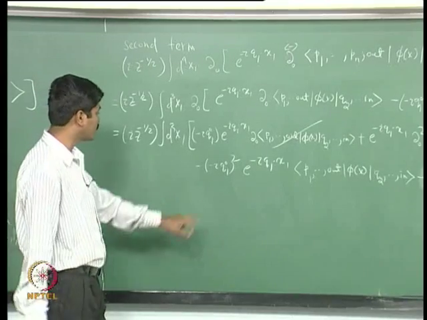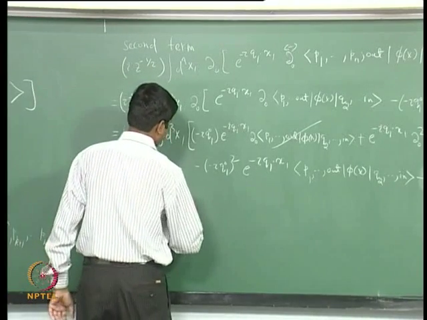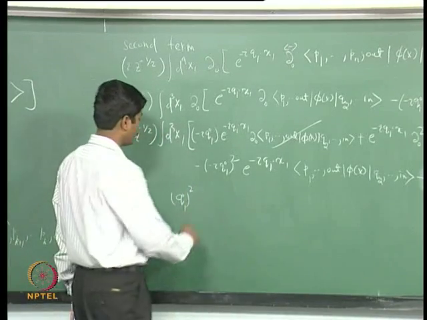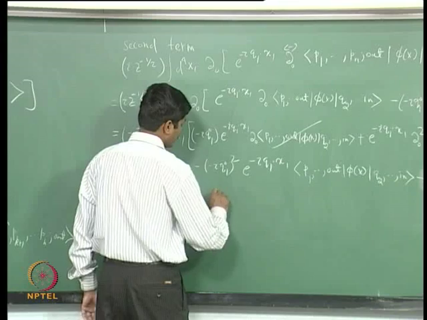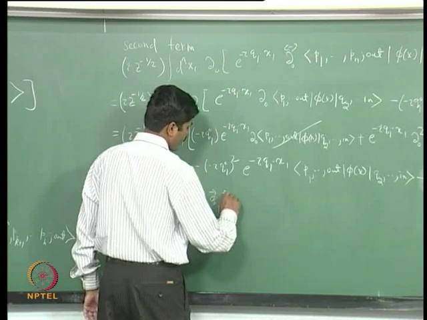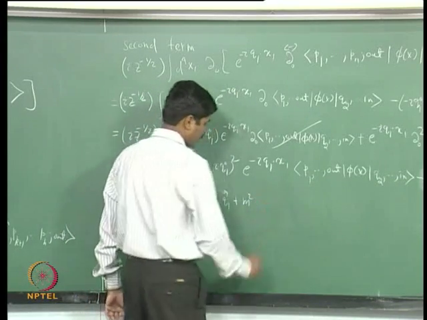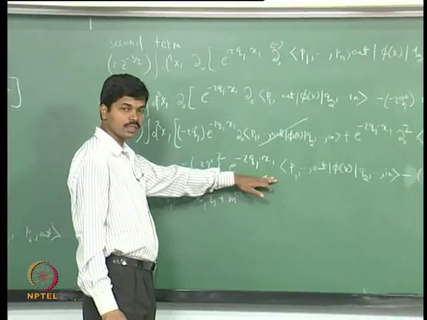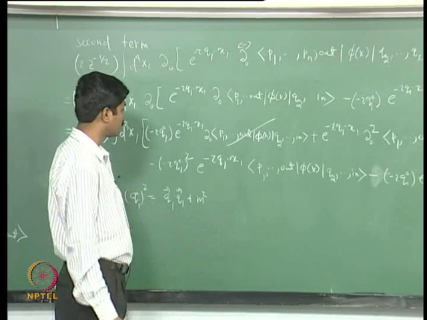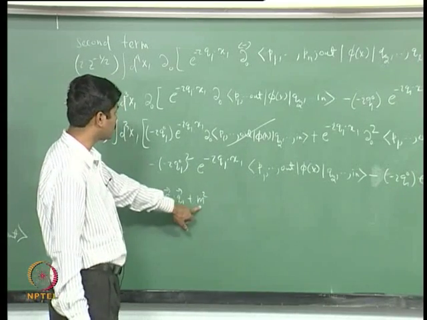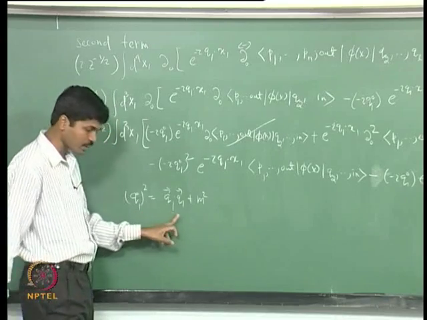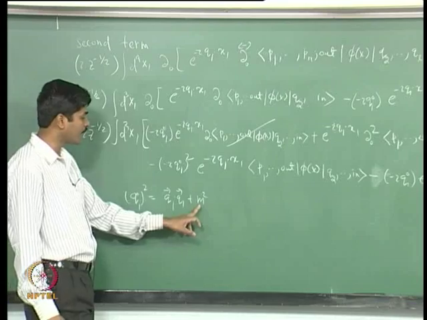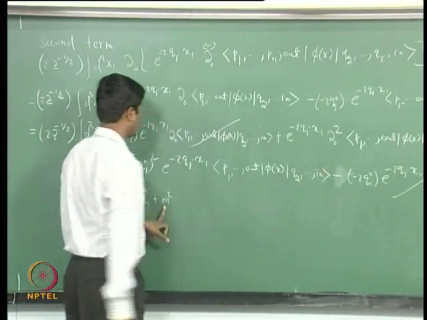Now, you can use this relation: (q_1^0)^2 is basically q_1·q_1 plus m^2. So, we will substitute this relation here. What you get here is, I will keep this term which is q_1 vector dot itself, and then the m^2 term I will just add here.